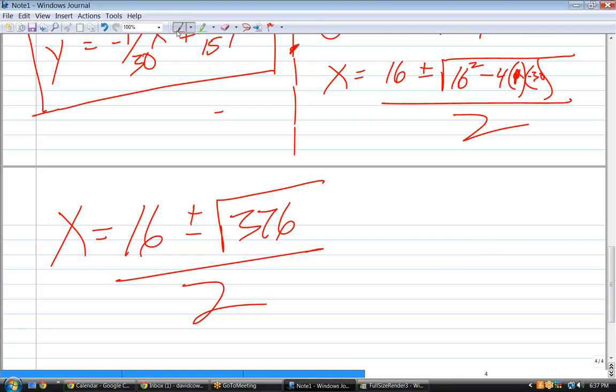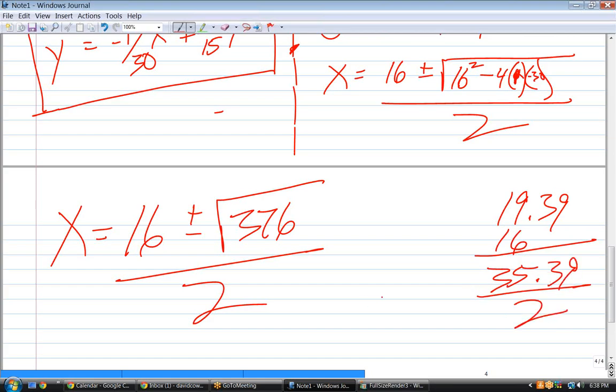What's the square root of 376? 19.39. So we're going to add that to 16, giving us 35.39. Divide that by 2, that's your answer. 17.69.